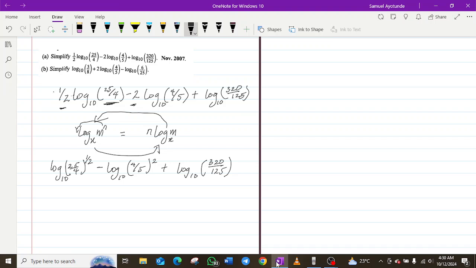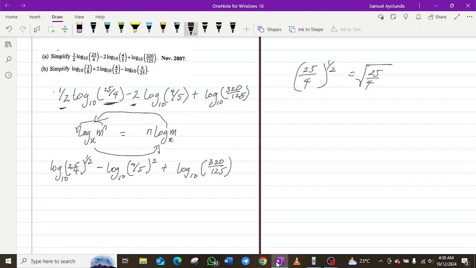In our simplification, we can use different methods to simplify this. For example, 25 over 4 raised to power 1 over 2 is the same thing as square root of 25 over 4. Now, how did I get this?